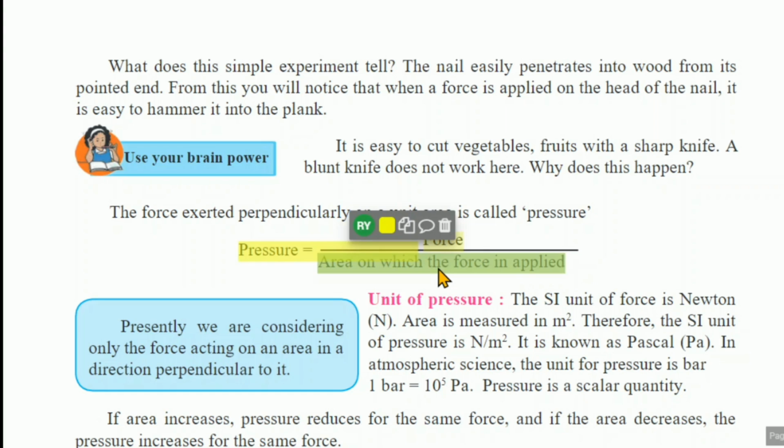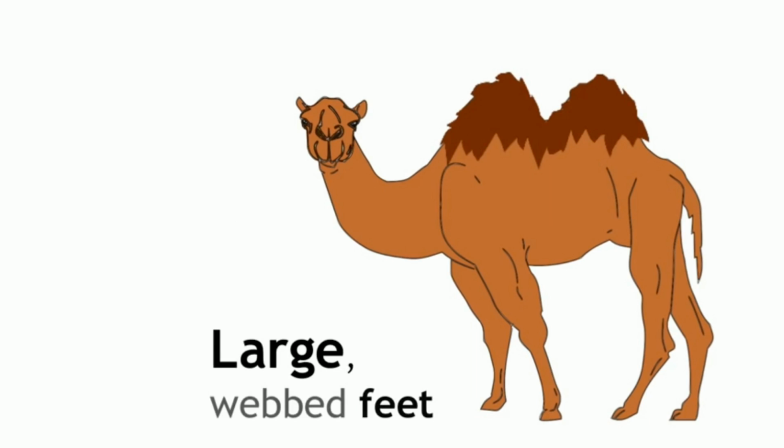In atmospheric science, the unit of pressure is bar, where 1 bar is equal to 10 raised to 5 Pascal. This is for your knowledge, but you have to understand the unit of pressure, Newton per meter square, and that pressure is a scalar quantity. Due to natural adaptation, the bottom surface of a camel's feet is broad. Hence, the camel's weight is exerted on a large area and the pressure on the sand is reduced.